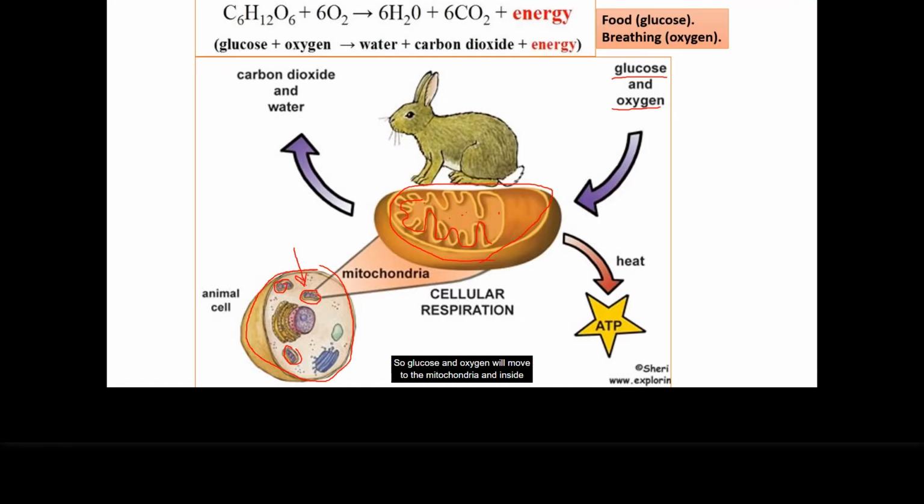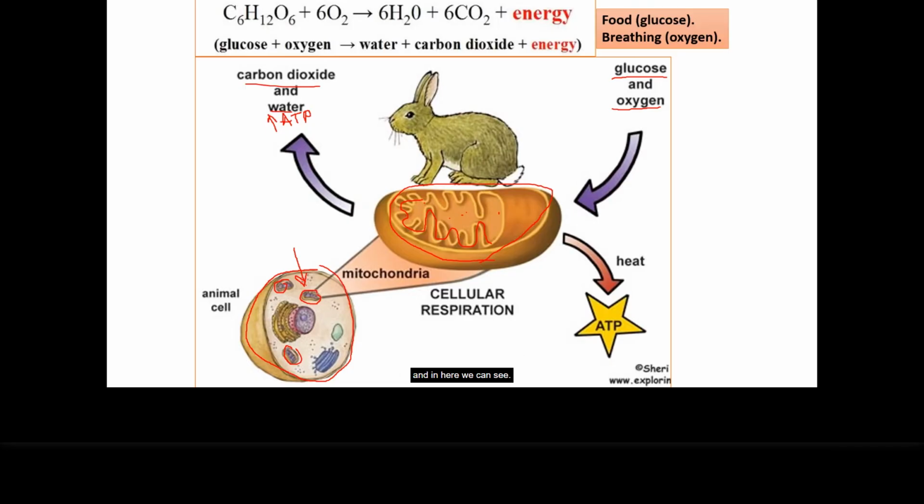Inside the mitochondria, they will be used to produce a lot of energy. This is the main purpose. But the byproducts of this will be water and carbon dioxide.